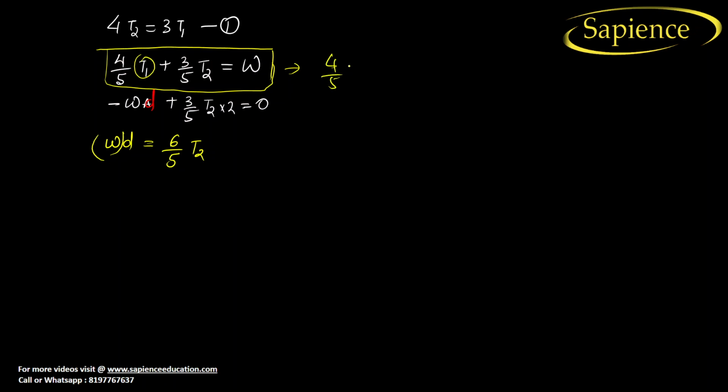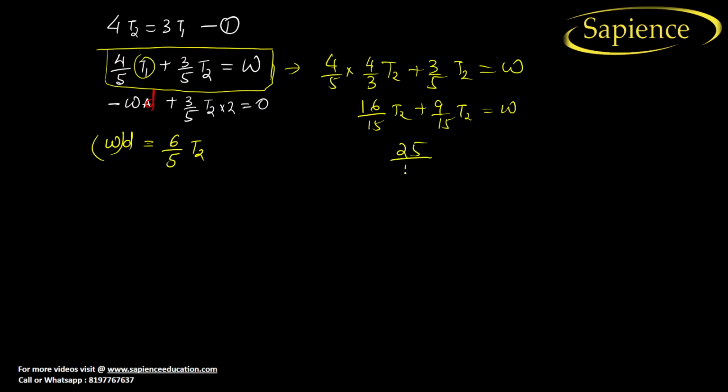So 4 by 5 into 4 by 3 T2 plus 3 by 5 T2 is equal to W. So this will be 16 by 15 T2 plus 9 by 15 T2 is equal to W. So this will be 25 by 15 T2 is equal to W. So from here we can put the value of W as 25 by 15 T2 into D is equal to 6 by 5 T2.